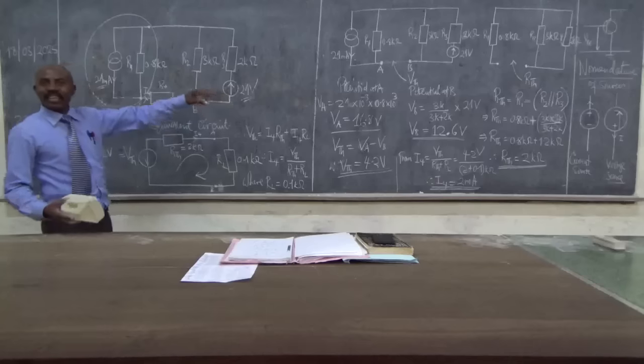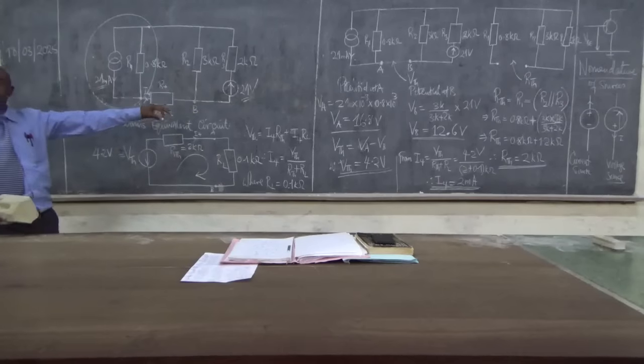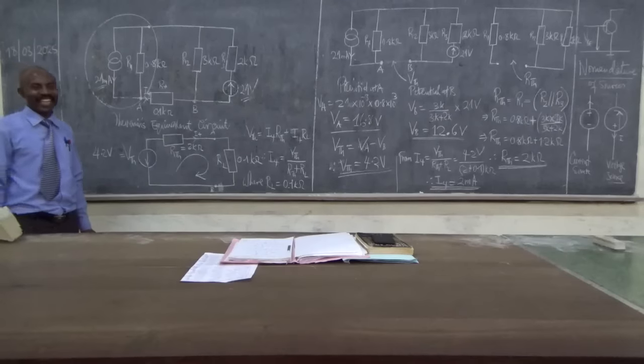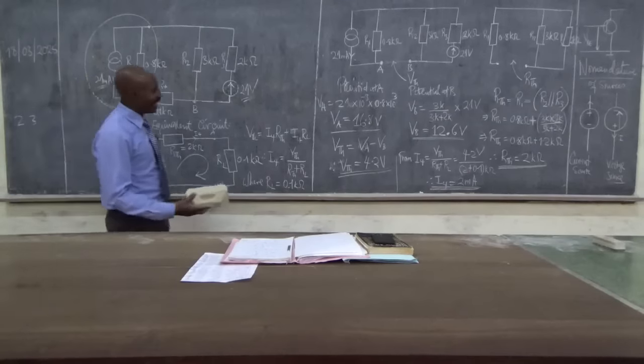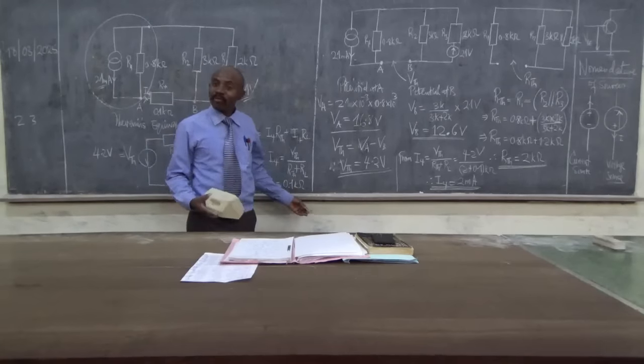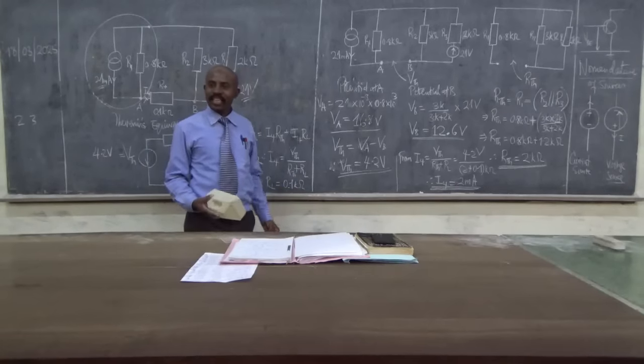But you first get the Thevenin resistance, you first get the RTH. Was there anything we used from VTH when we were looking for RTH?